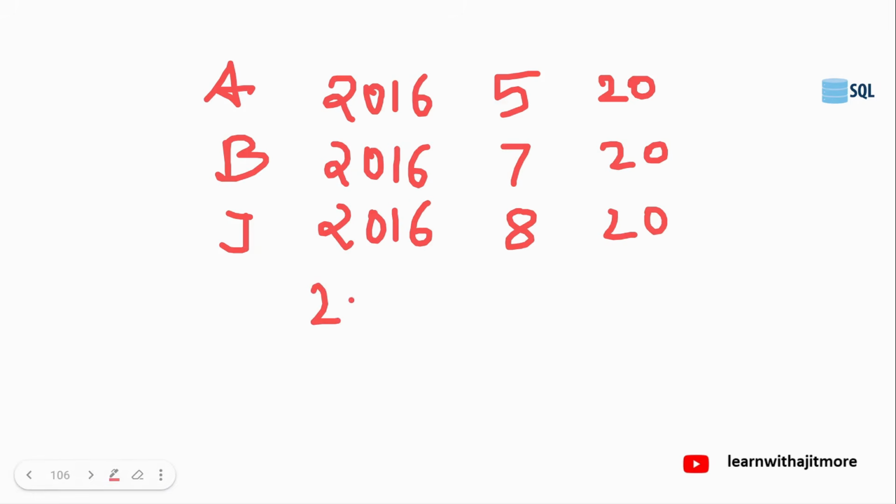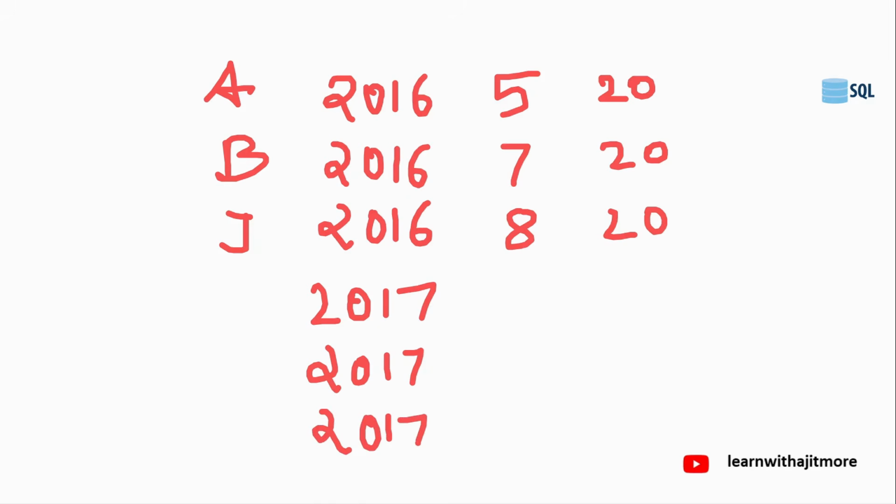Same way, if I go to 2017, another group: Alice, Bob, John, Alice, Bob, John. Maybe they have done 7 lakhs, 3 lakhs, 10 lakh, or 15 lakh. So the total is 25.